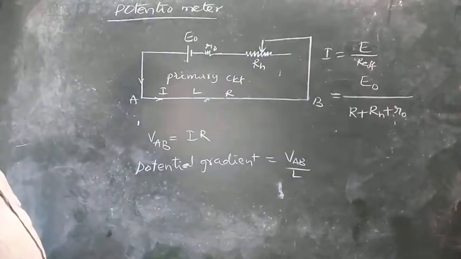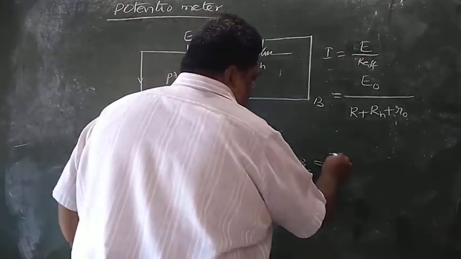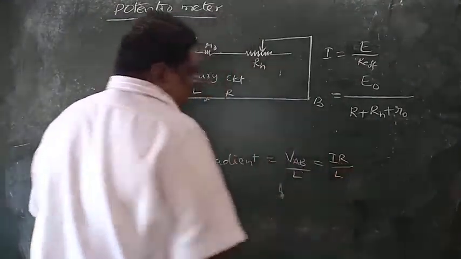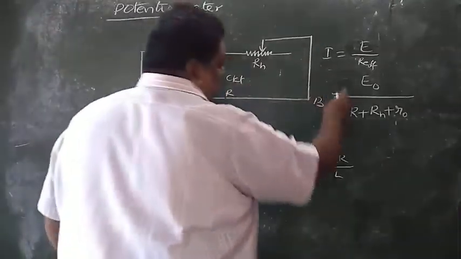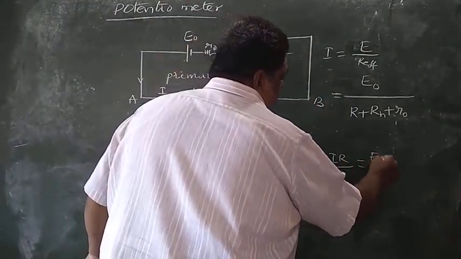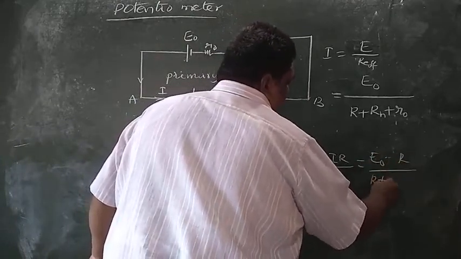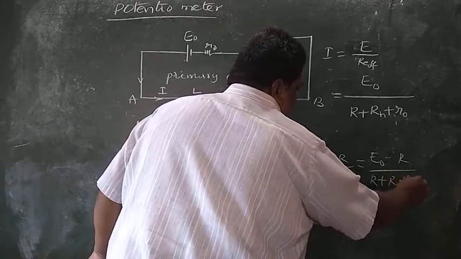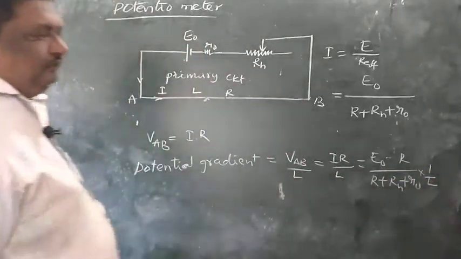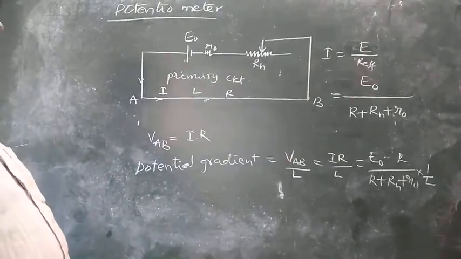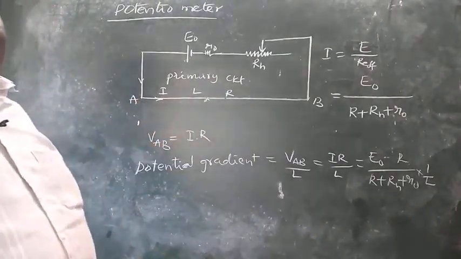What is the voltage loss across AB? IR, of course divided by L. But what is I? I is this much. This is equal to E naught into capital R by R plus RH plus R naught, into 1 by L. This is called potential gradient, loss of voltage per unit length.